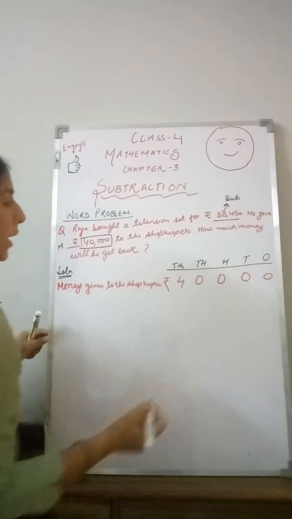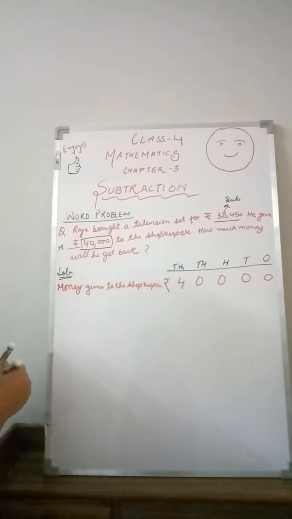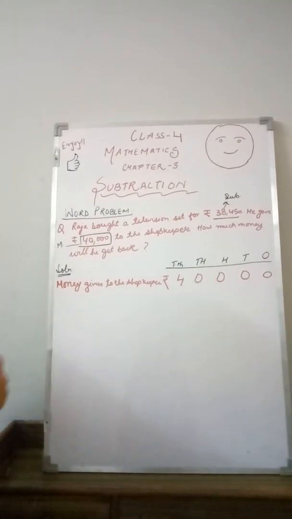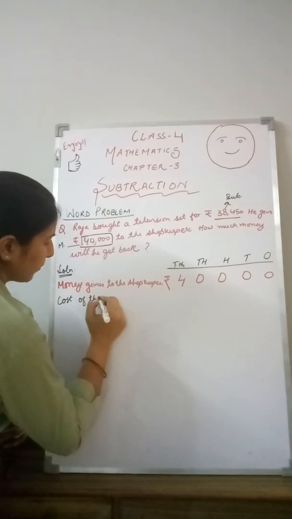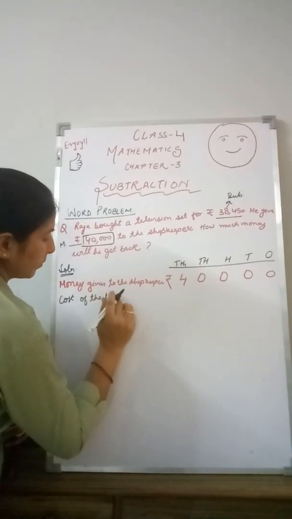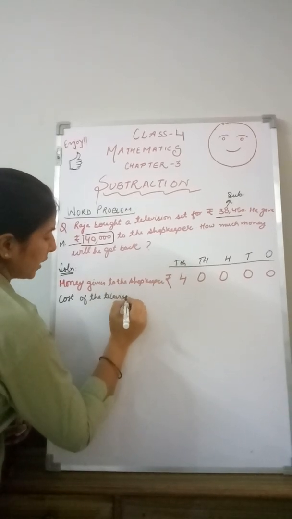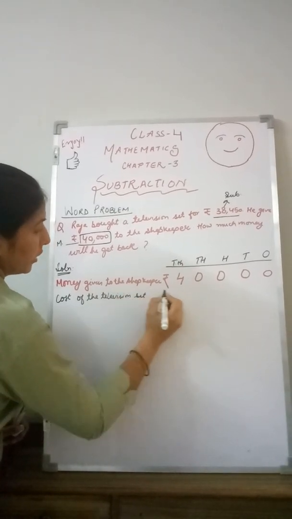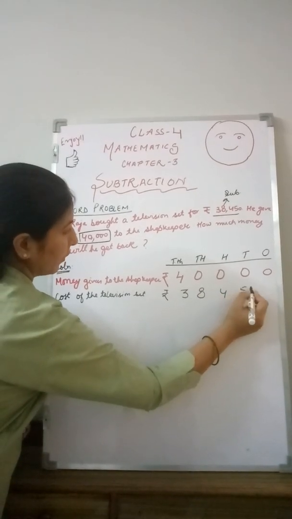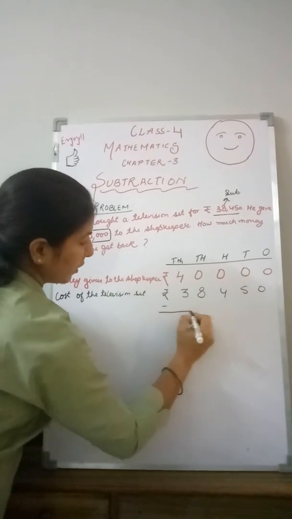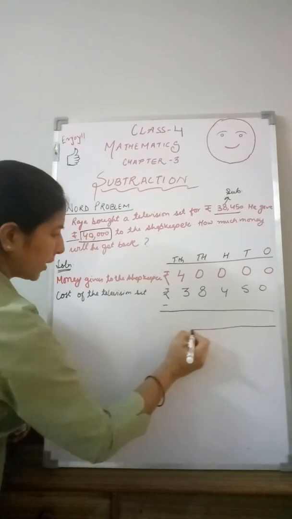Write each digit under each place. Next, Raja bought a television set, so the second line is: the cost of the television set is rupees 38,450. Now leave one line and put the minus sign here.